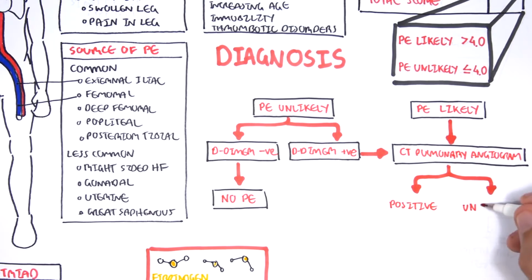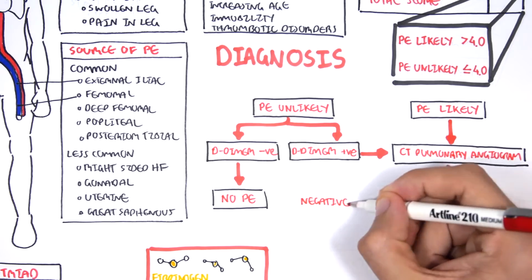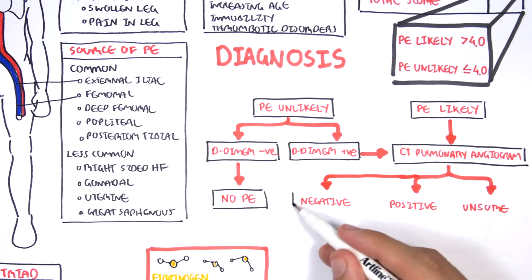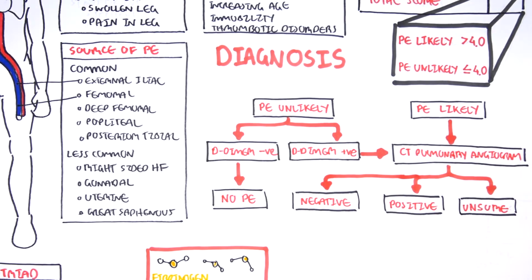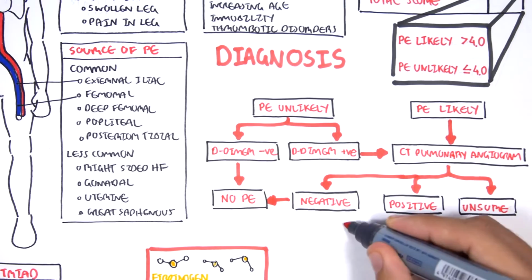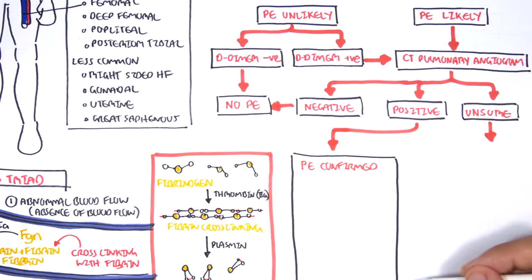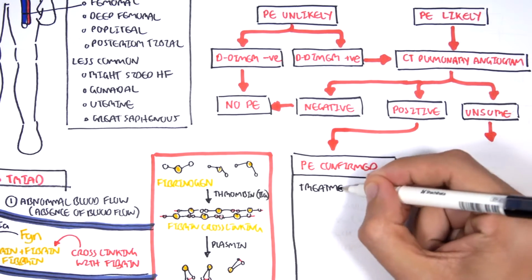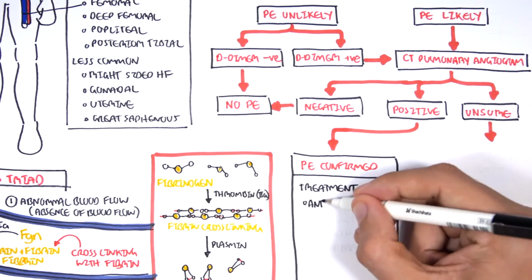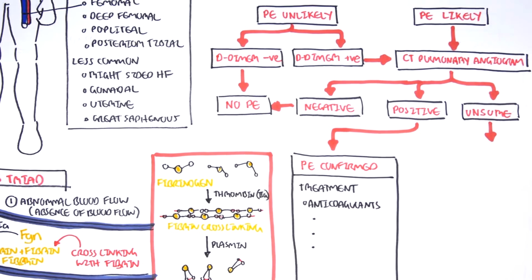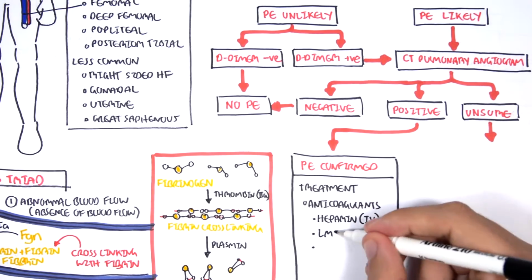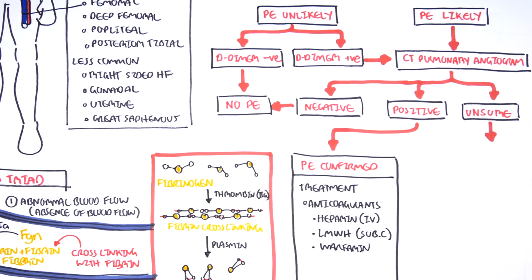After the CT pulmonary angiogram, you can have 3 outcomes. You are either negative, positive, or unsure. If you're negative, the person probably doesn't have pulmonary embolism, so you don't need to treat it. If it's positive, pulmonary embolism is confirmed, and so you begin treatment. And treatment can be divided into 3 things: heparin (IV), low molecular weight heparin, which is subcutaneous administration, and warfarin.